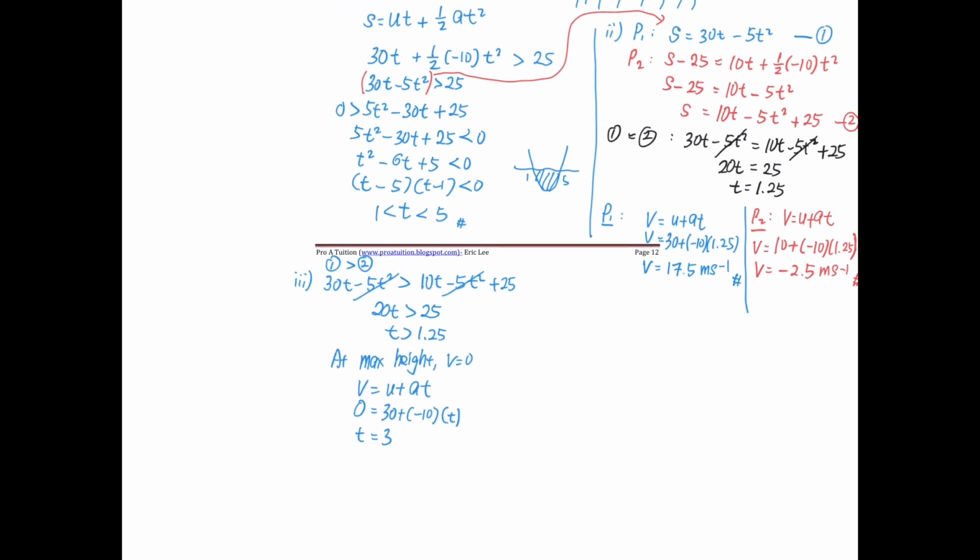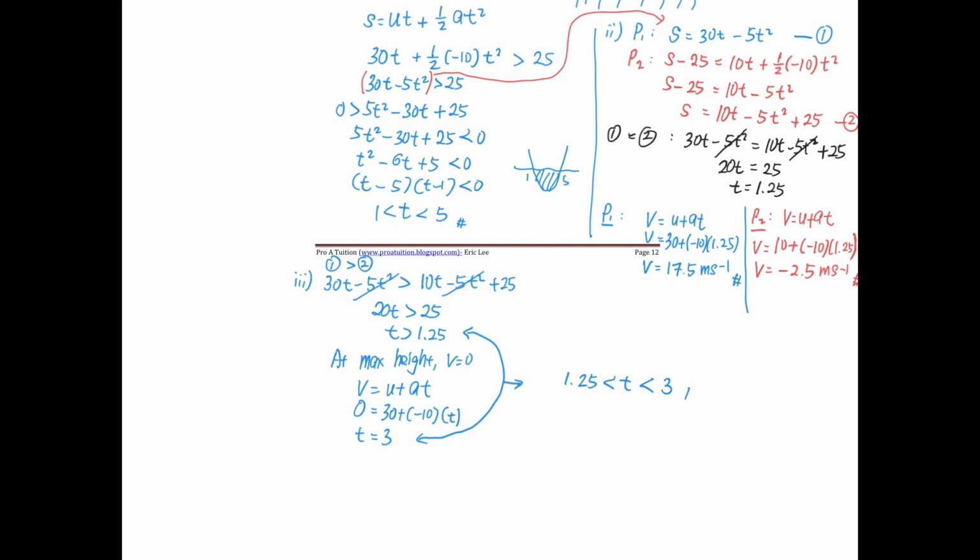Now combining these two pieces of information, we will end up with the answer. From 1.25 until 3, the particle P1 is higher than P2 and at the same time moving upwards.